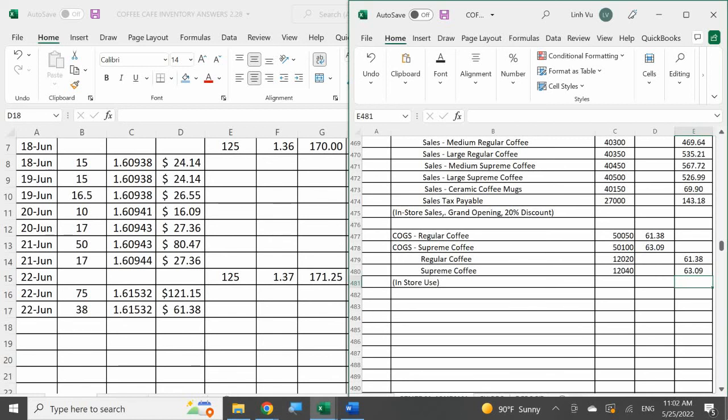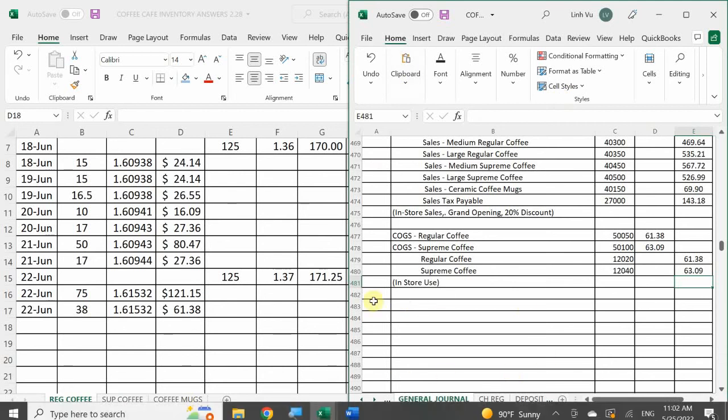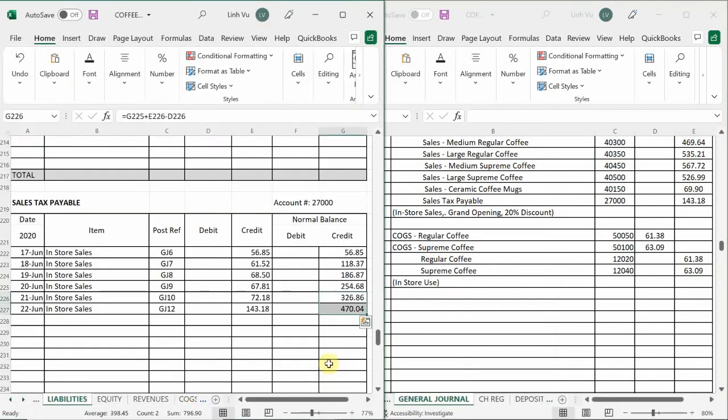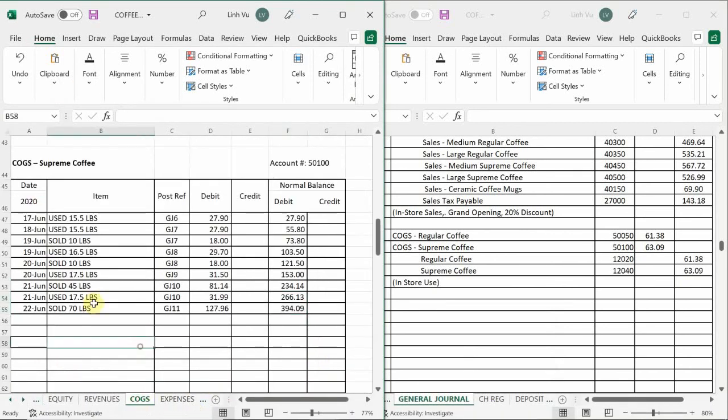Last thing I have to do is update my inventory to match my worksheet too, starting with the cost of goods sold.